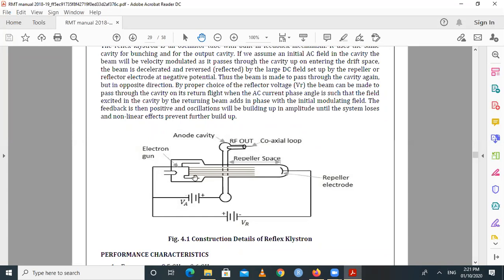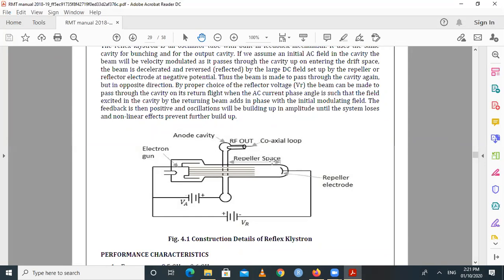This particular klystron is a microwave tube, and it contains an electron gun which emits electrons. To heat the electron gun, a filament is needed, and when the filament gets heated, electrons are emitted by the electron gun, and they travel from this anode to the cathode side.